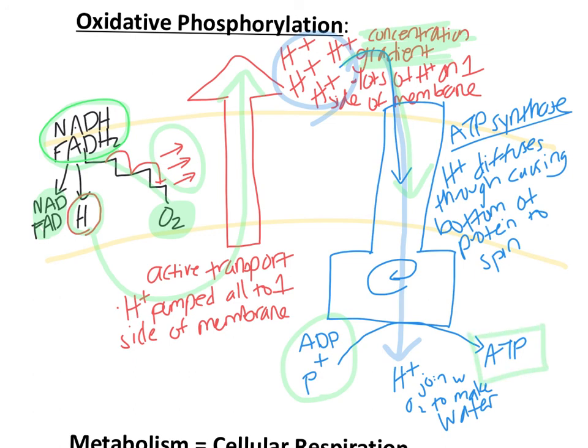We can get about 36, 34, 38-ish ATP made predominantly through this process of oxidative phosphorylation. So this is the moneymaker that's making all of the ATP for the cell. Those hydrogen ions join with the oxygen that was at the end of the electron transport chain to produce water as a waste product.